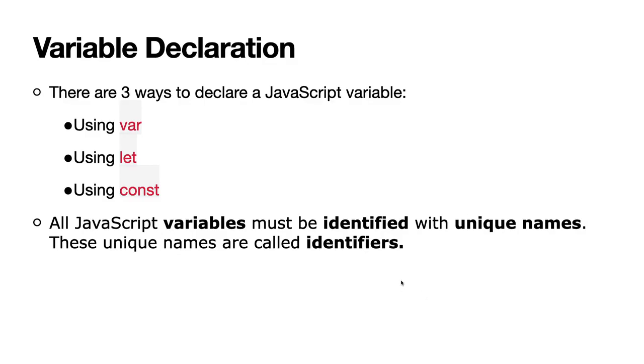If you are familiar with any other programming language like Java, Python, C, or C++, you might know how to declare a variable, because a name may consist of lower and upper case letters as well as numbers. It may also have a dollar sign as well as an underscore, but it should start with a lower or an uppercase letter. So we will first see how to declare a variable using var, let, and const.